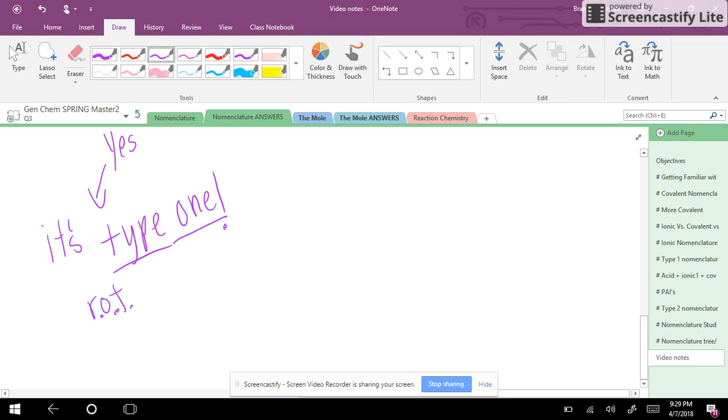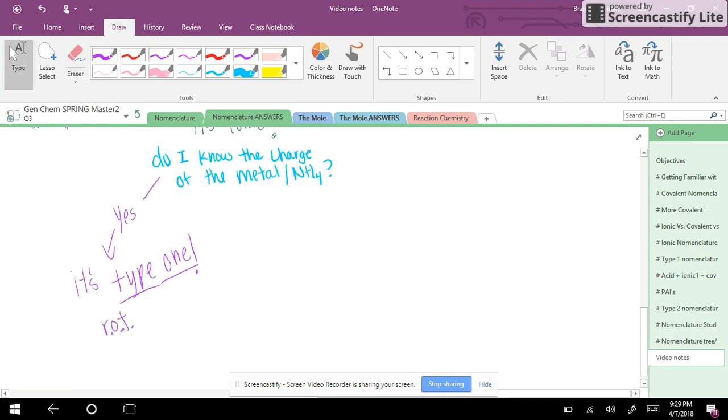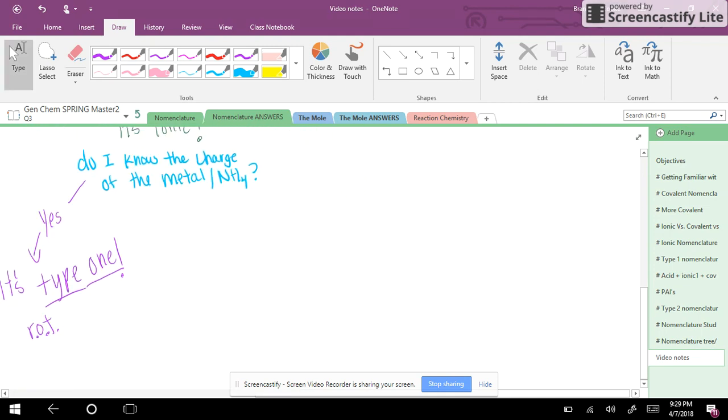If it's a Rot metal, it's a Rot compound, and we're going to follow those rules. But if the answer is no, I don't know the charge, then that means it's type 2, or we can say not rot. And of course, we'll follow those rules.